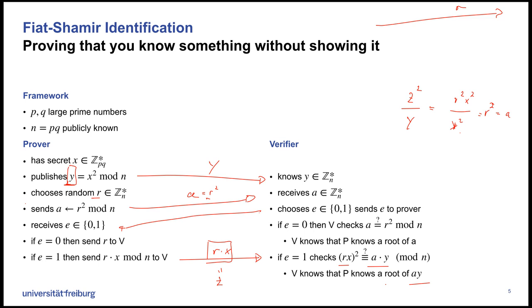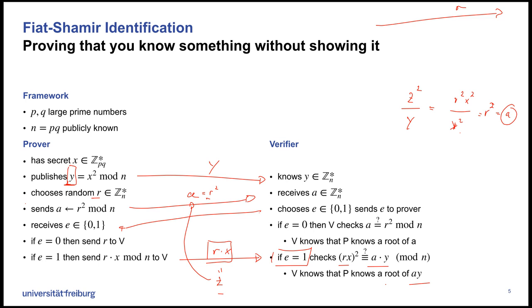So that means that if I give an s, I can compute a. So I can choose a random number s and compute a, and I can still do this. If I know that e is equal to 1, I can produce an a in such a way that r times x, this is the product, fits to it. So the verifier doesn't learn anything else here.